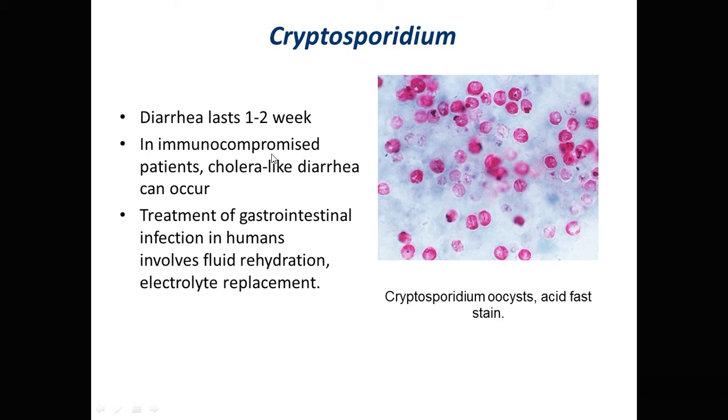Diarrhea can last 1 to 2 weeks maximum, but immunosuppressed patients like HIV patients can develop cholera-like diarrhea. As for other diarrheal diseases, for treatment we have fluid rehydration and electrolyte replacement.